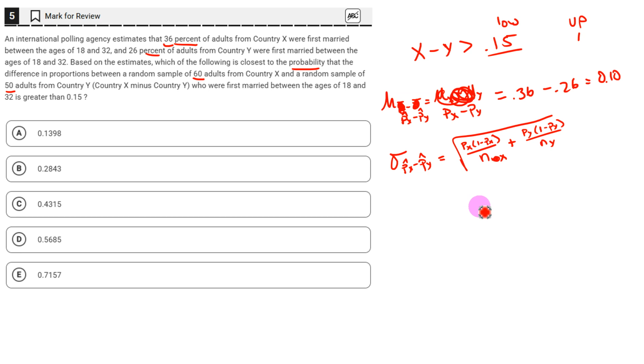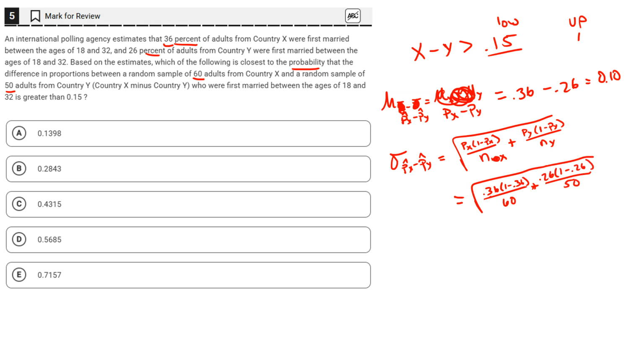The 18s and 32s mean nothing here. So PX is 0.36, 1 minus 0.36, over NX, which was 60, plus, was it 0.26? 1 minus 0.26. It's a lot of work for a multiple choice problem.